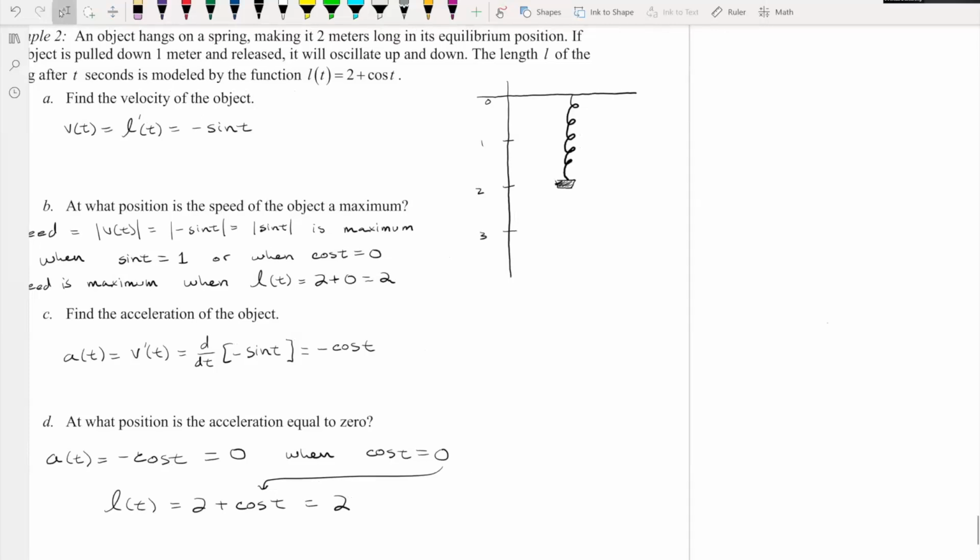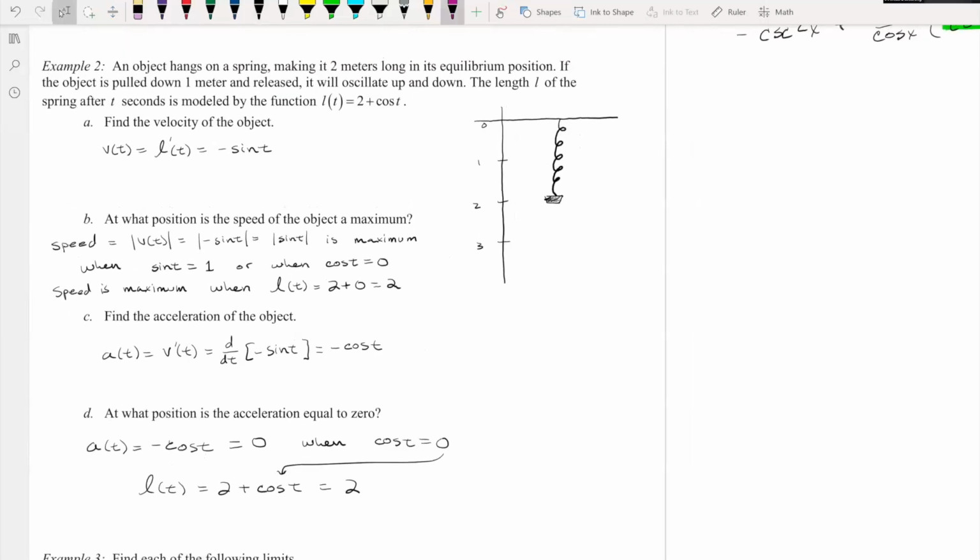And what they're saying is if I come along and pull this thing down to here and let go, that object is going to go up and down like this, right? It's not moving to the right at all. It just keeps going up and down like that, okay?